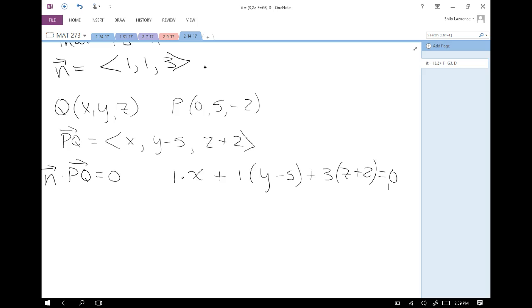We want general form, which means we want to do some simplification on that. So 1 times X is just X. 1 times Y minus 5 is just Y minus 5. And then we can distribute the 3 and the Z plus 2. So we get plus 3Z plus 6.